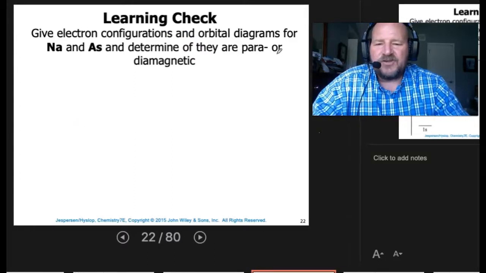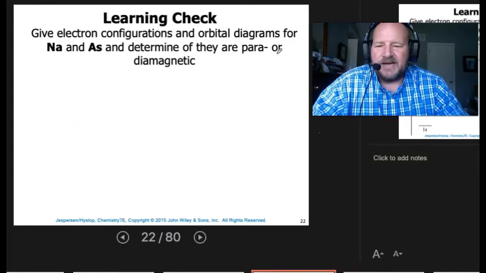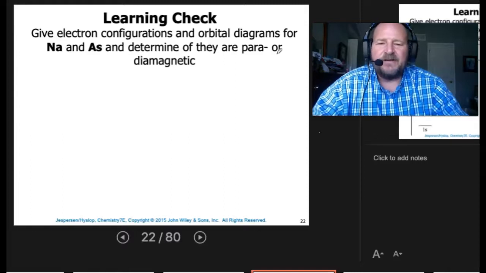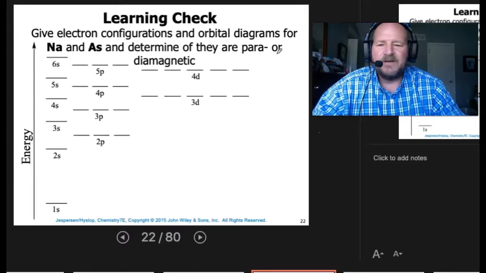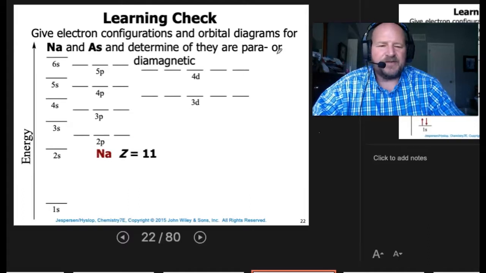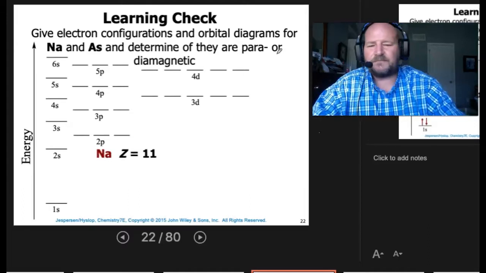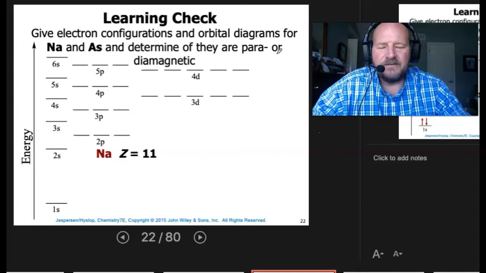All right, give electron configurations and orbital diagrams for Na and As and determine if they are para or diamagnetic. Okay, so here's our chart. Now remember for sodium, Z equals 11. So I'll give you a few seconds here.